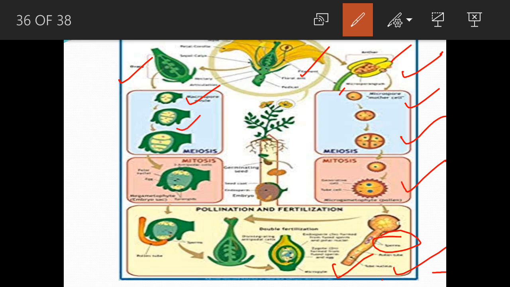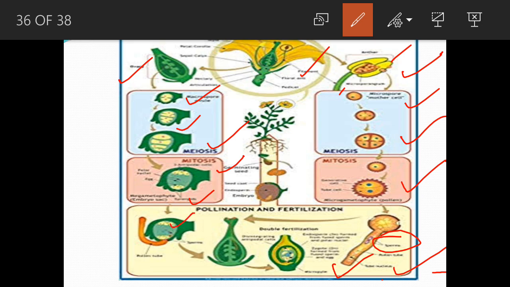There, by the process of meiosis, it will form 4 megaspores, and 3 will degenerate and 1 will form the embryo sac, and the nucleus will divide by mitosis. It will form 8 nuclei.